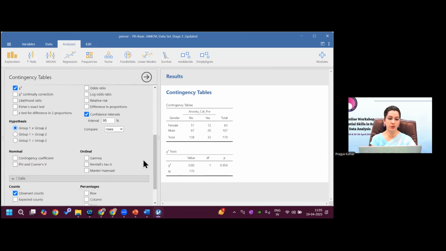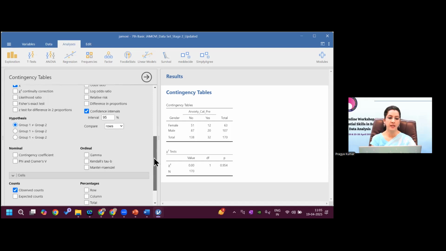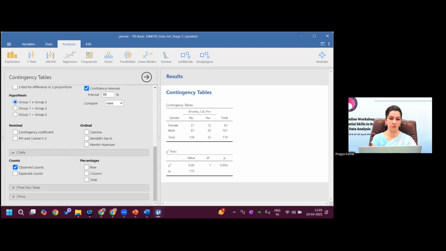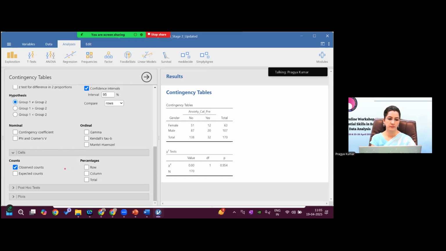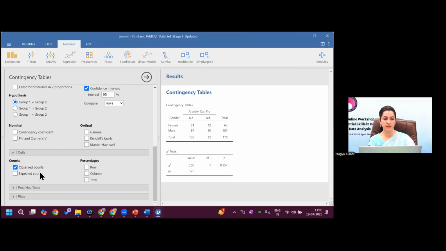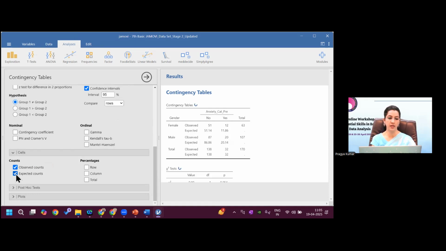In the option of cells, by default it is the observed count. But if you click on this expected count, it tells you the expected count. So I have clicked expected count.